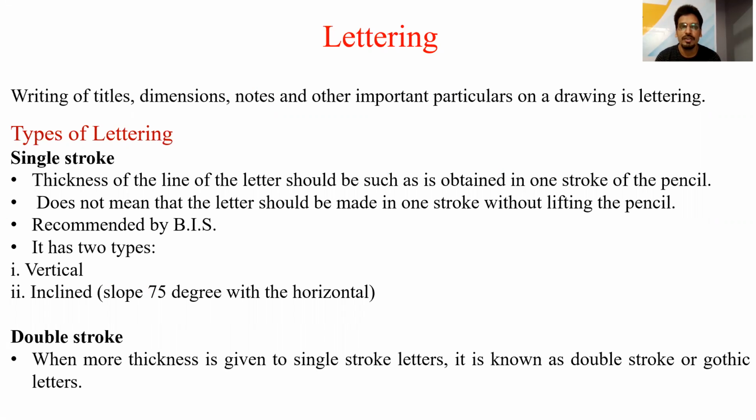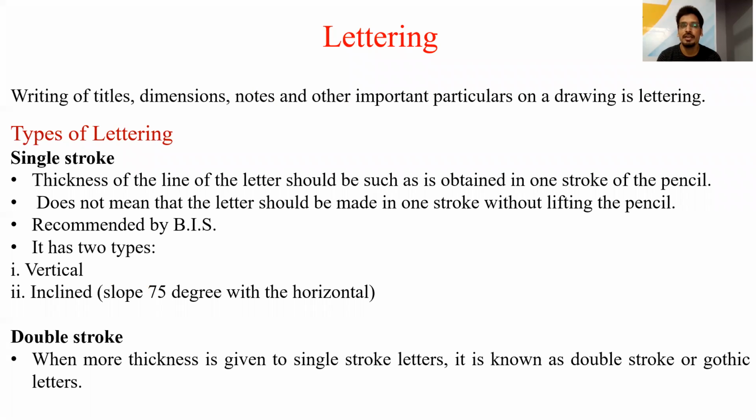So in engineering drawing, types of lettering are of two types. First one is single stroke and second one is double stroke. Single stroke means we will write a letter in a single stroke. The thickness of the line of the letter should be such as obtained in one stroke of the pencil.